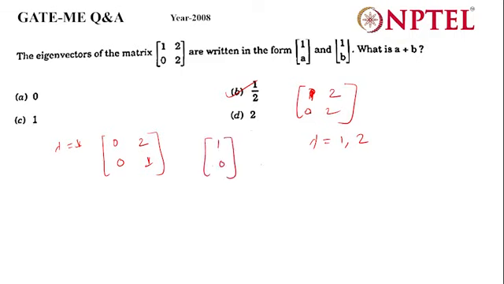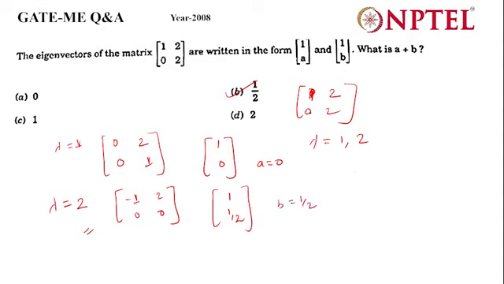So one value, A, will be 0. Then you will solve for the other eigenvalue, and your eigenvector for it will come as 1, 1 by 2. So your B will be 1 by 2. What they asked is A plus B, so that will be 0 plus 1 by 2, that is 1 by 2.